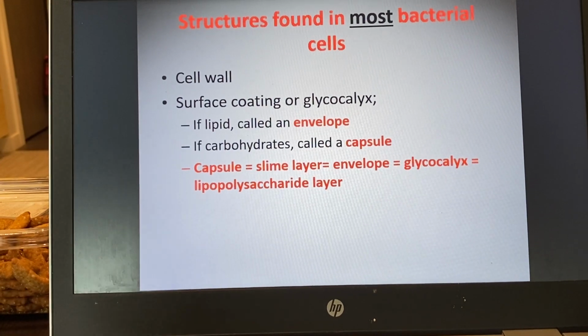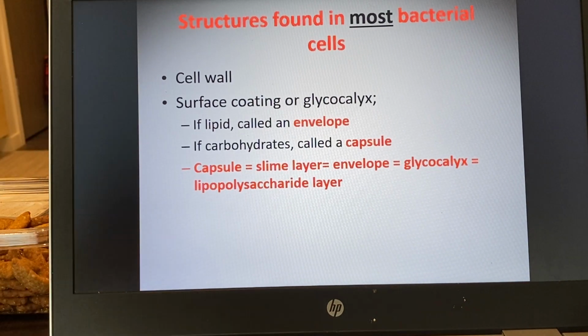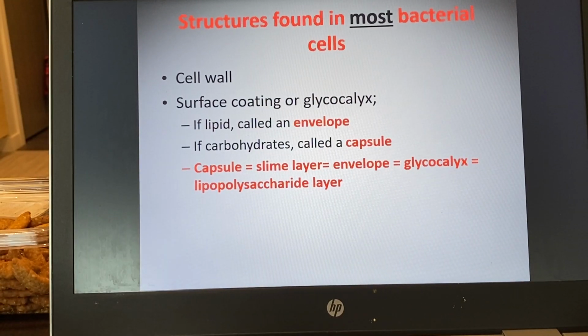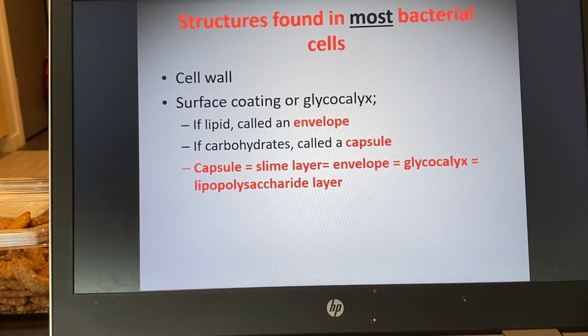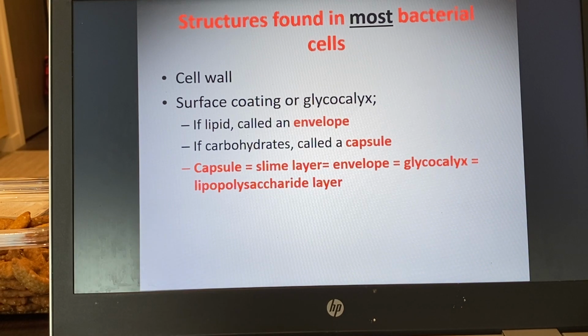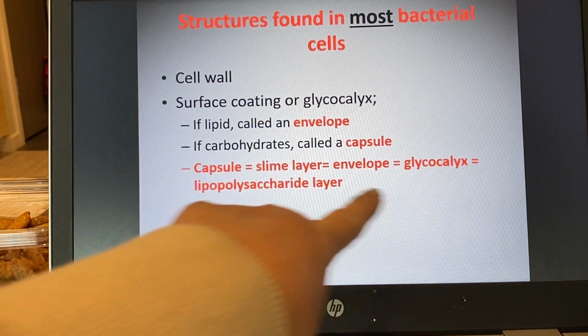So most bacterial cells also have a cell wall, which contains the peptidoglycan and which is located next but more outward compared to the cell membrane. And also, most of them have that sticky coating on the outside. So for the scope of this class, I'm using all of these terms synonymously, okay?